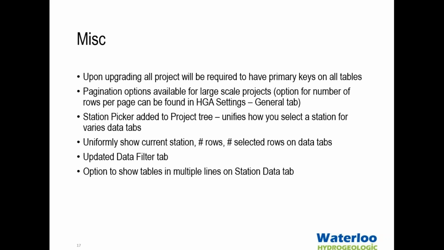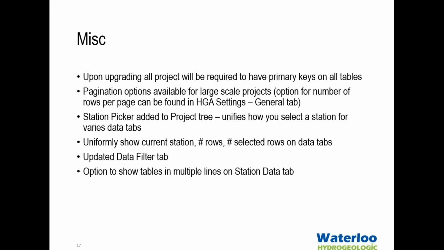We've also added some pagination options for large-scale projects. If you have projects on a larger scale where, for example, you might have 100,000 stations, or you might have hundreds of thousands of records, say in the results table or the water level table, or even some of our larger scale projects had millions of records in some of those tables, you could find a bit of a delay in displaying all of those records all at once.